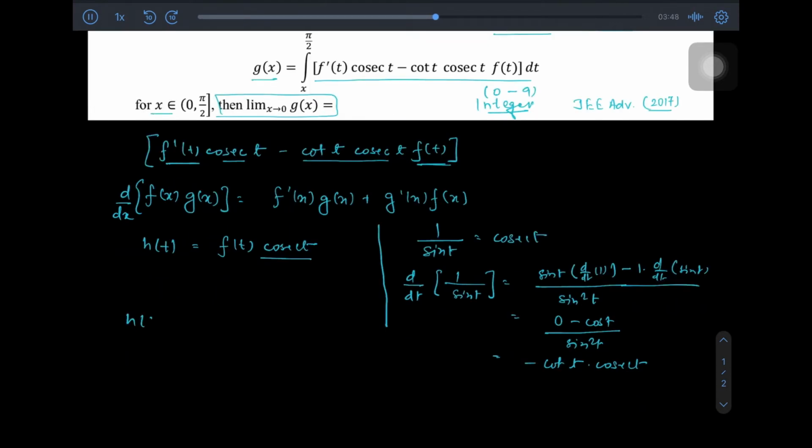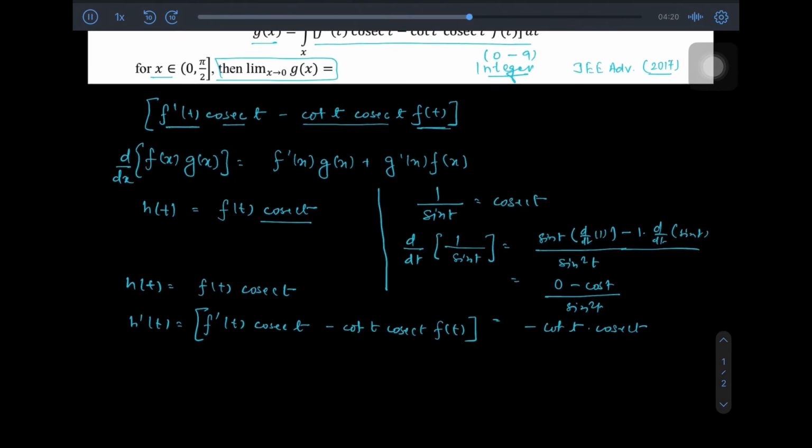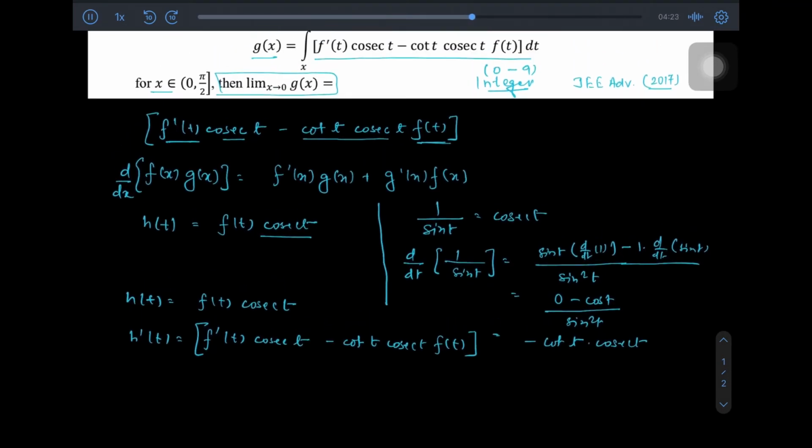So my function is f of t into cosec of t, and if you differentiate it, you'll get f dashed of t cosec of t minus cot of t cosec of t f of t. Okay, now we put this in that equation.